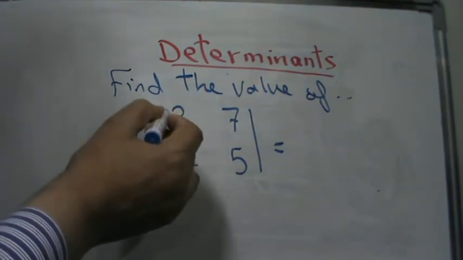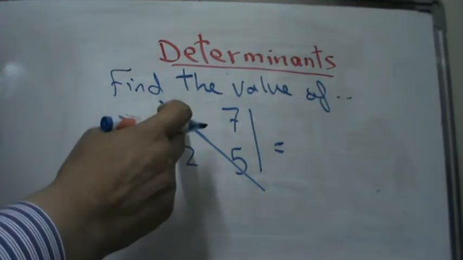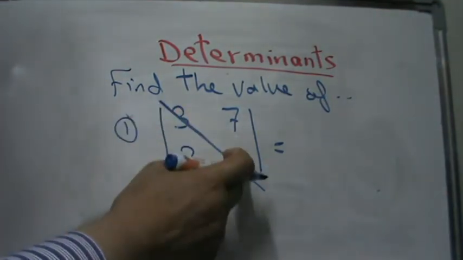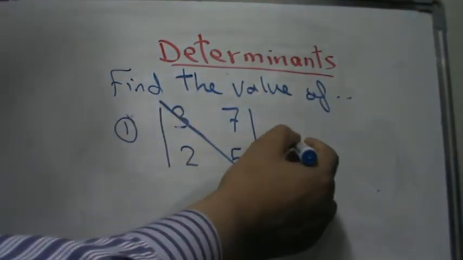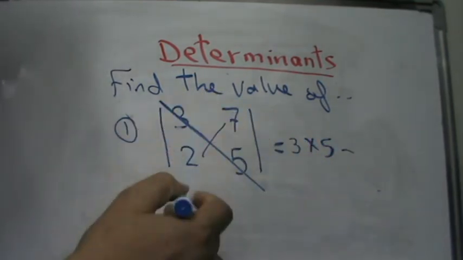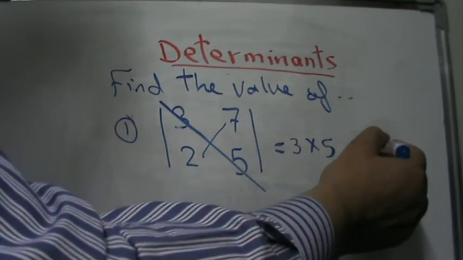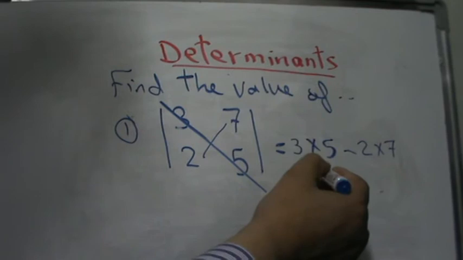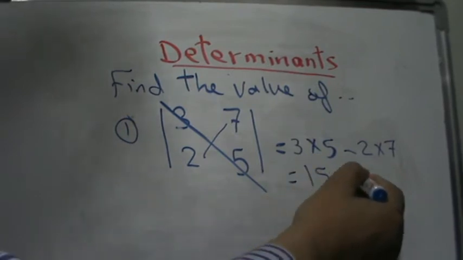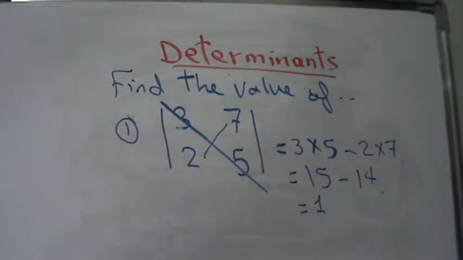Here, this is the main diagonal or the principal diagonal. Find the product of its elements, 3 times 5. Then subtract the product of the non-principal diagonal, 2 times 7 or 7 times 2. 3 times 5 is 15, minus 14, it will be 1. And here the value is a positive value.